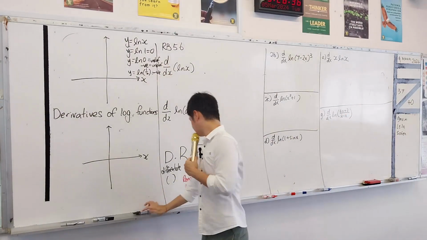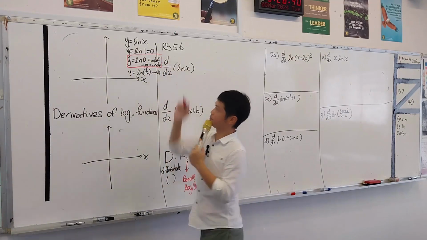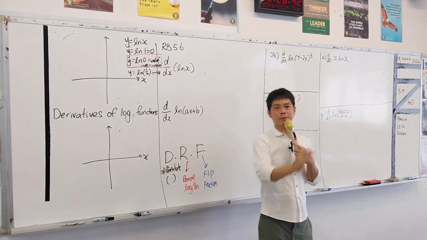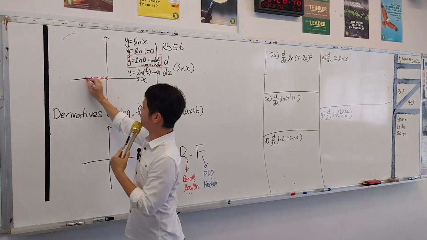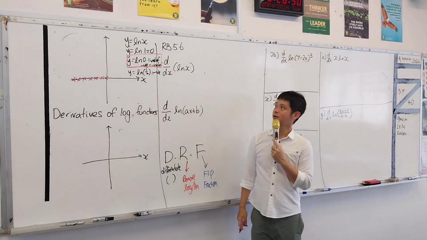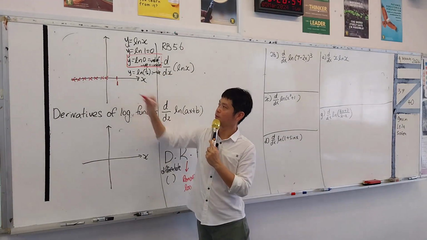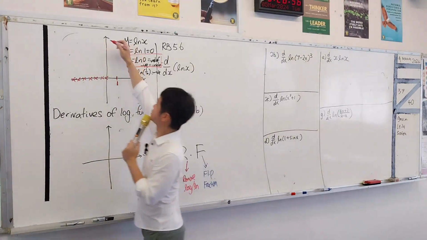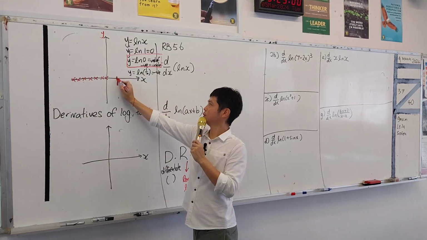Now, these two terms here mean that x cannot be 0 and x cannot be negative. So all this region I don't want. Where x is 1, y is 0, right? So I need this point here. Okay, I put a dot here.